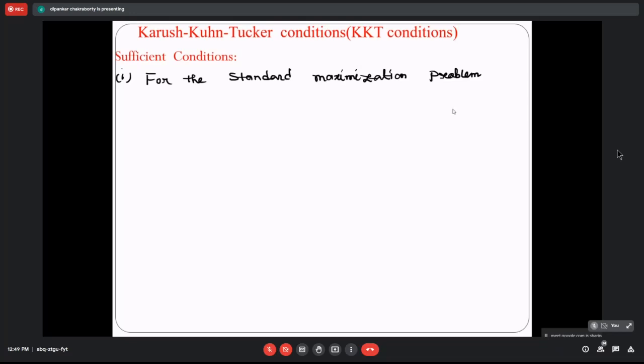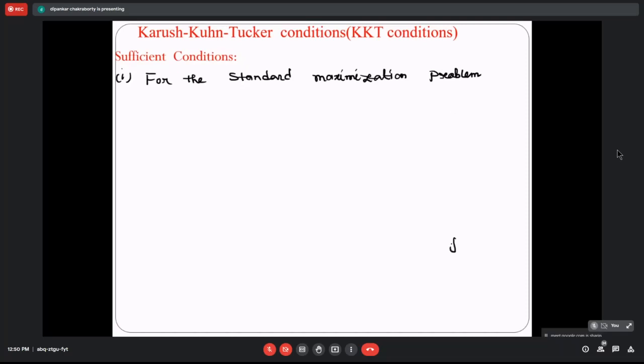Anyone? What type of problem will be called a standard maximization problem? When you are dealing with the dual problem, I hope you have done that part, right? What is the meaning of standard maximization problem? Anyone?